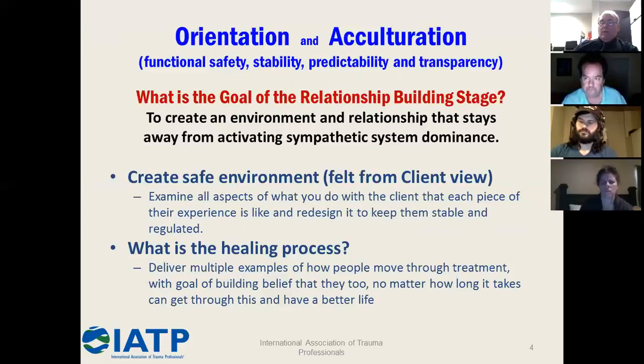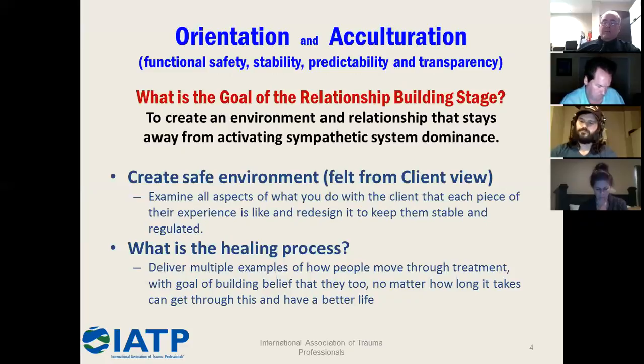If you think about the goal of this in the relationship building phase, it is to create an environment where you're not activating the sympathetic nervous system, which is usually dominant for most of our clients. So how are we doing that? Are we looking at what we do and asking ourselves, does this have the potential to activate a client?